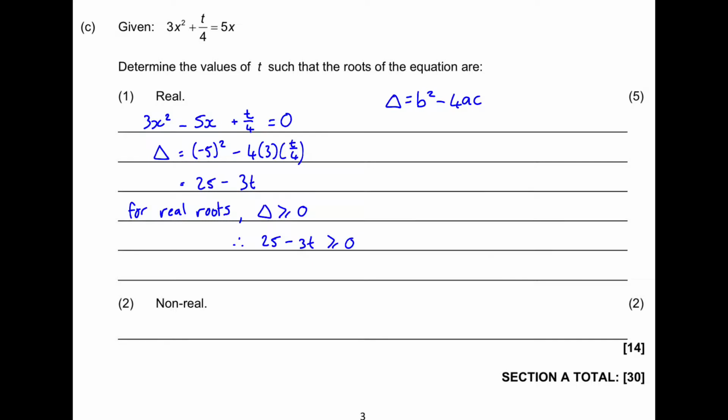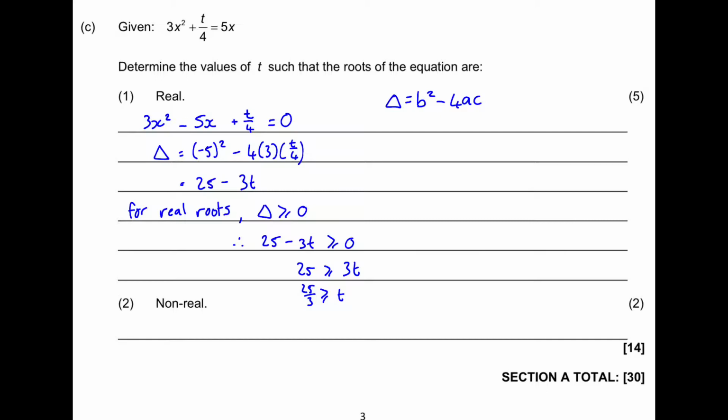We take over the negative 3t to get positive 3t, and then divide both sides by 3. So 25 over 3 and t on its own. So this says that t is less than or equal to 25 over 3.